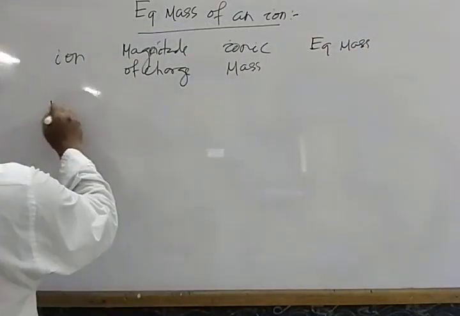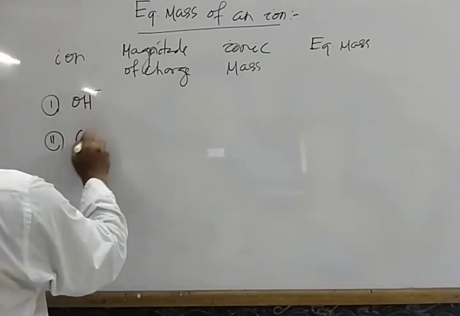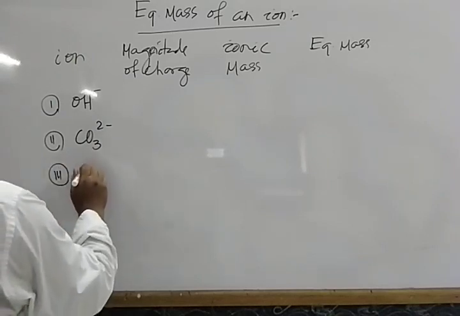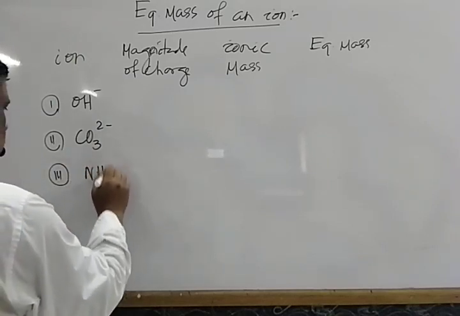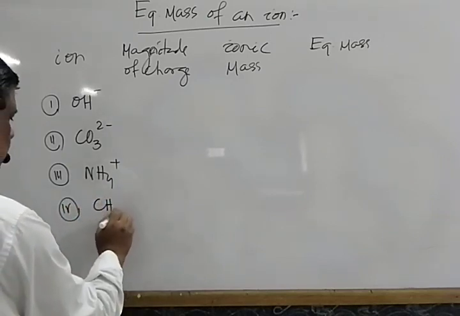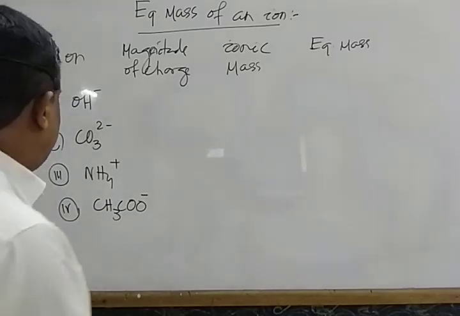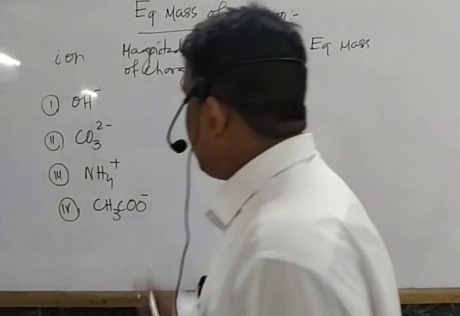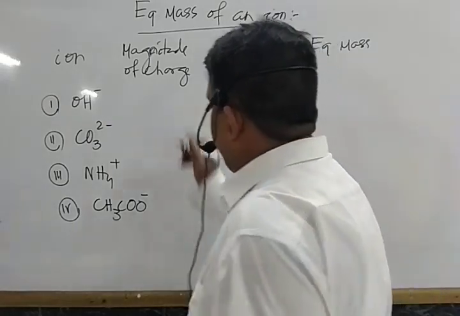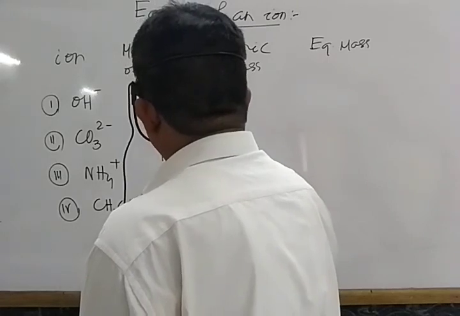Examples: OH minus, CO3 2 minus, NH4 plus, CH3COO minus. That is hydroxide ion, carbonate ion, ammonium ion, acetate ion. Let us discuss. Magnitude of charge is 1, it is 2, it is 1, it is 1.